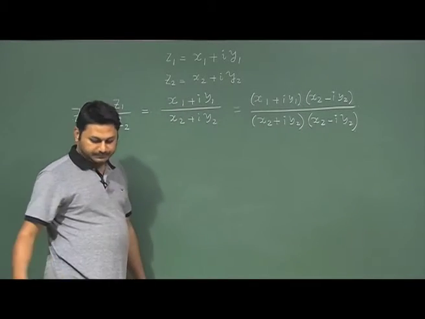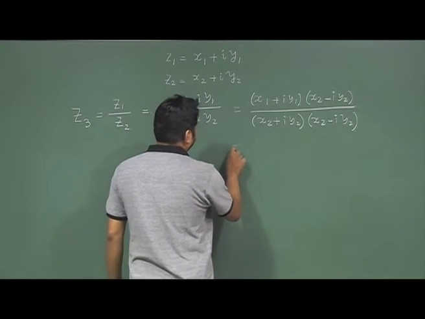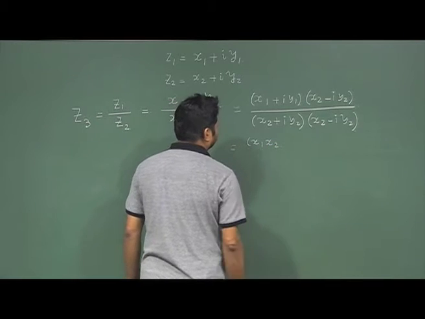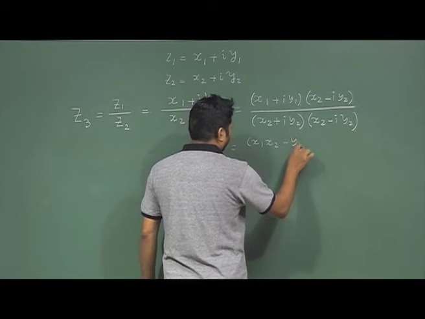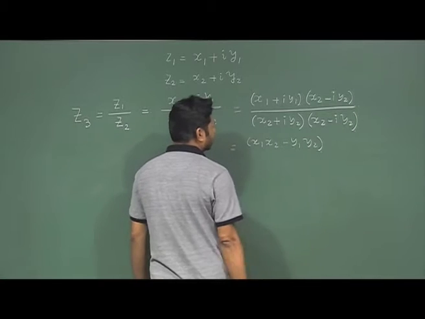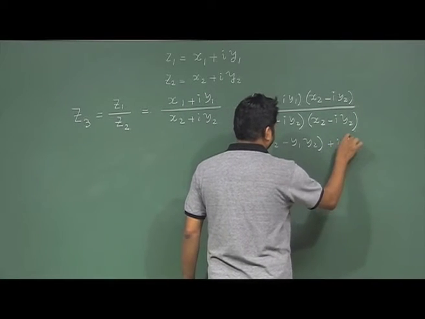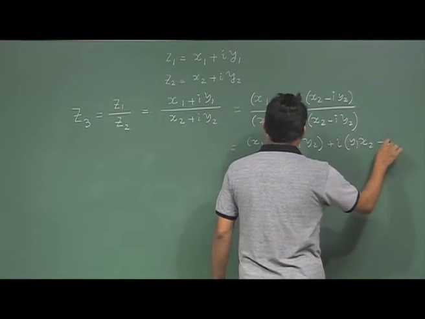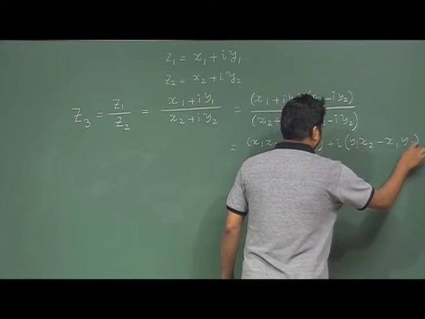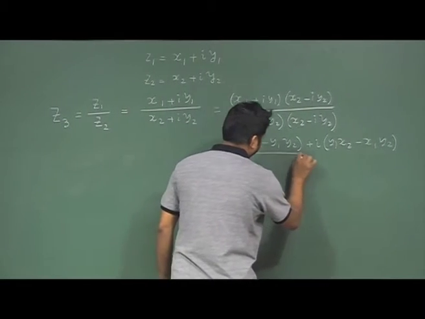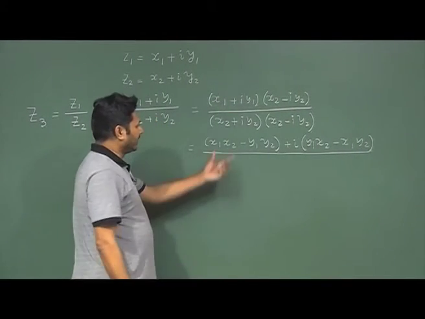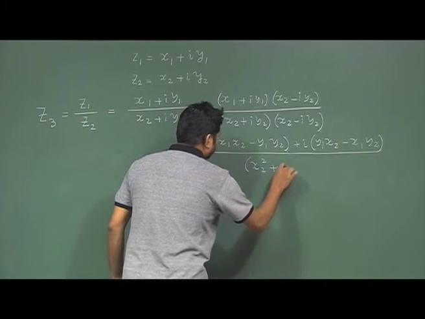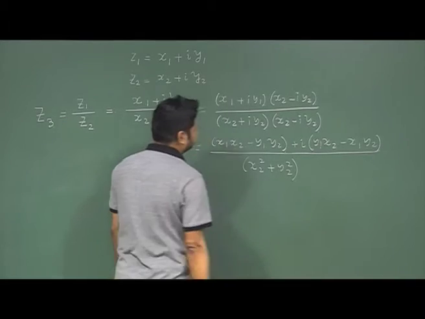If I do that, then I will have x1 x2 minus y1 y2 plus I times (y1 x2 minus x1 y2), whole divided by this quantity, which is nothing but x2 square plus y2 square.